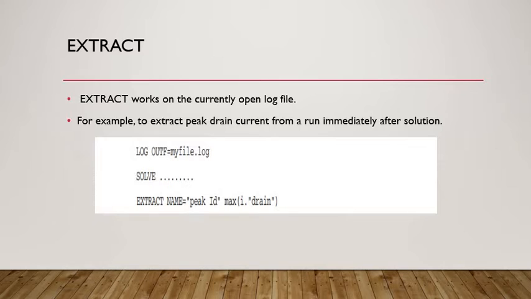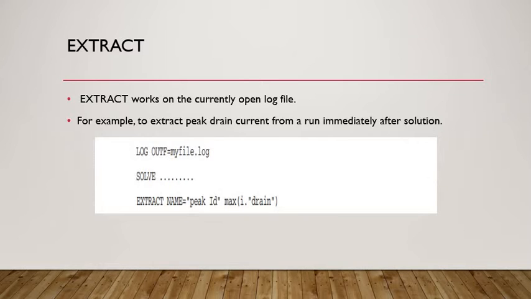Here you can see i. and two double quotes, and then drain. That means that is the access. It's taking data from the drain current, taking the maximum value, and its name is peakID. If you want to use peakID anywhere below in the simulation, you can use $peakID. You can easily use that also.